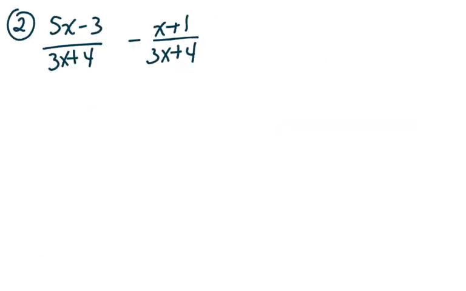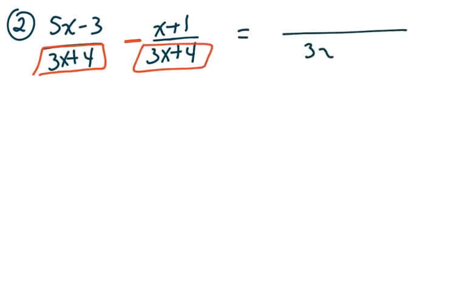All right, so now what if it's a subtraction between two fractions? So the same idea. First, make note of what operation it is, which is subtraction. If you're adding or subtracting fractions, you have to have like denominators, which you do, so that's excellent. So that means you write the fraction with just the denominator one time. But now we're going to subtract them, so it's going to be 5x minus 3.